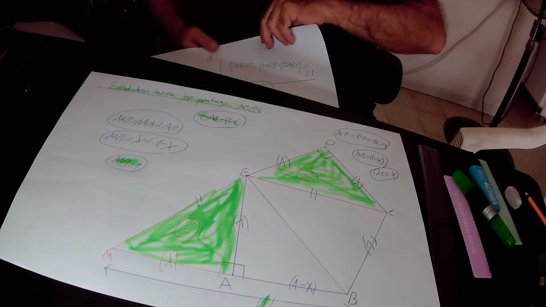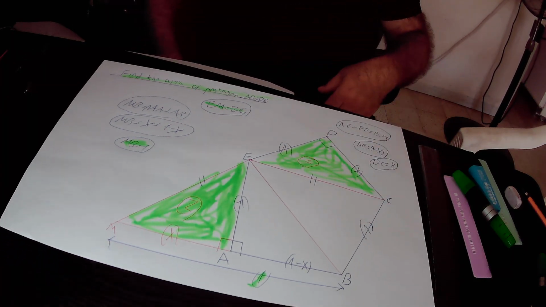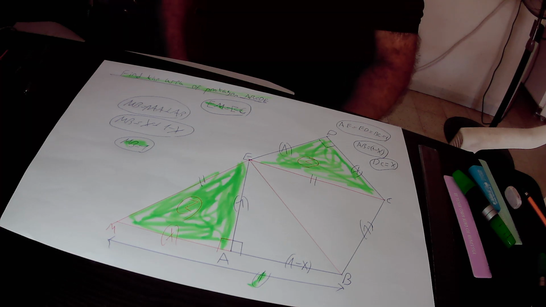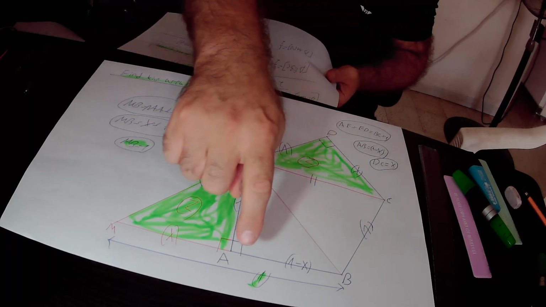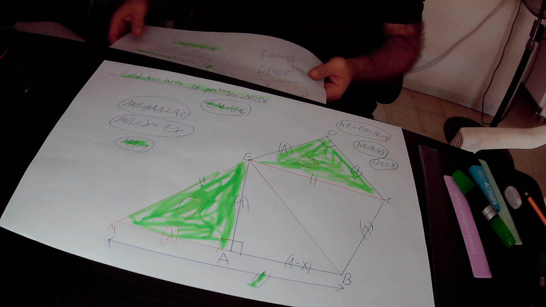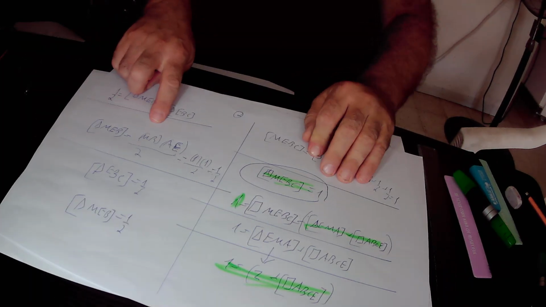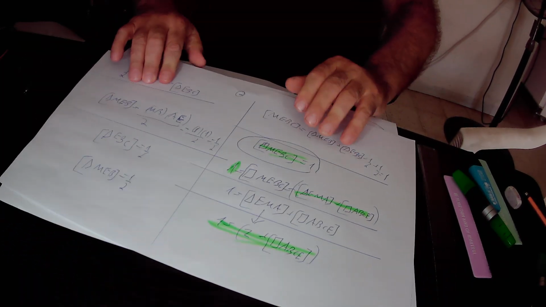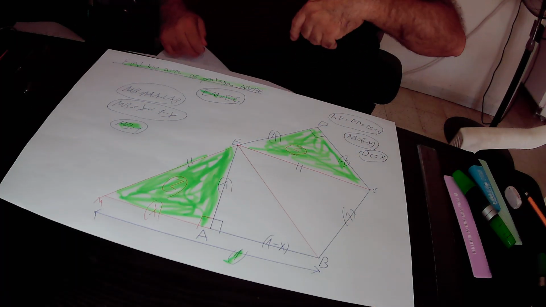In the next step, we calculate the area of triangle MEB. The area of a triangle equals the base times the height over 2. So the area of triangle MEB equals the base MB times the height AE over 2.